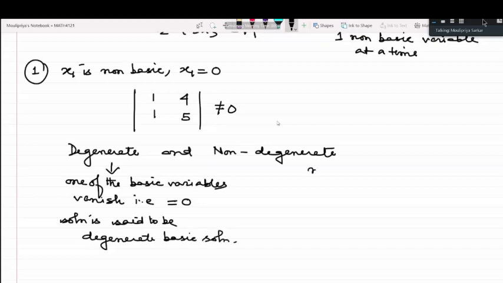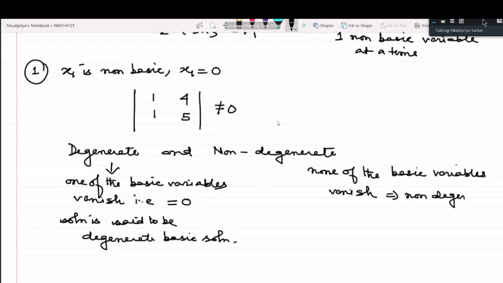And if none of the basic variables vanish, it is said to be a non-degenerate basic solution.